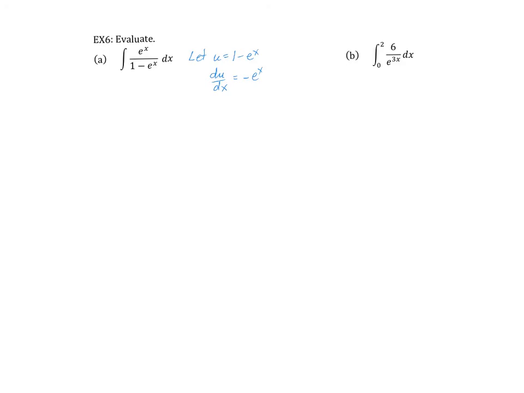What you could note is that negative du is equal to e to the x dx, which is the top piece of my integral. So now my integral is going to be the integral of negative du over u.